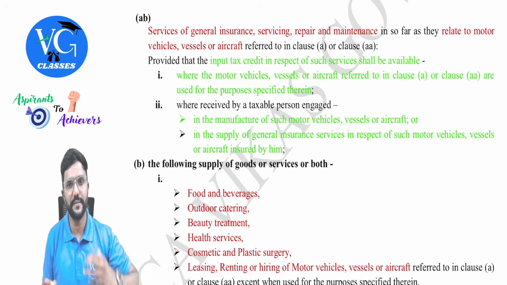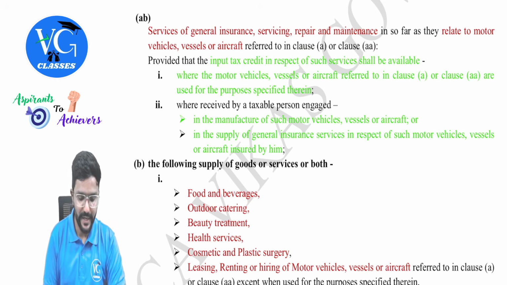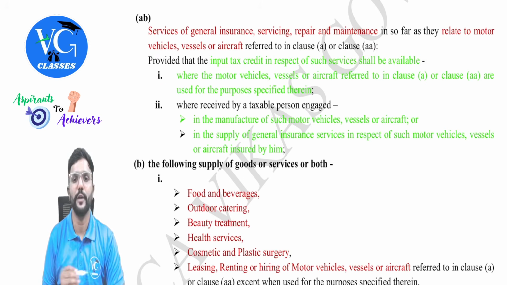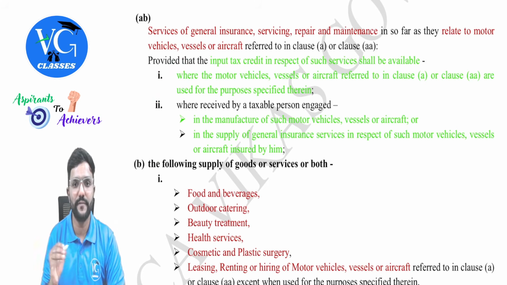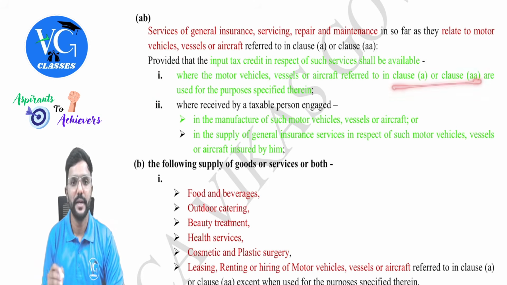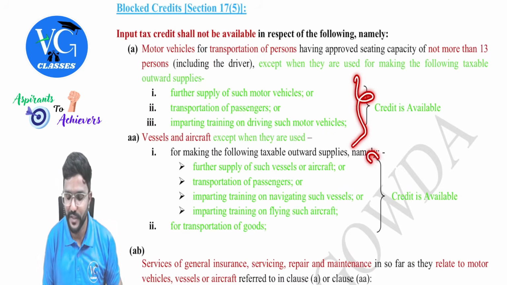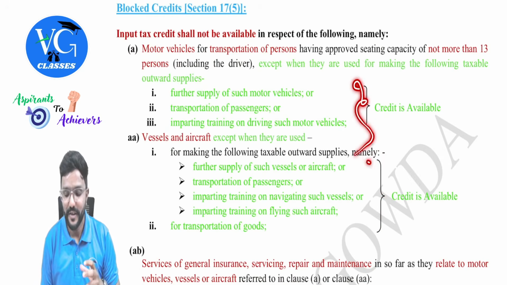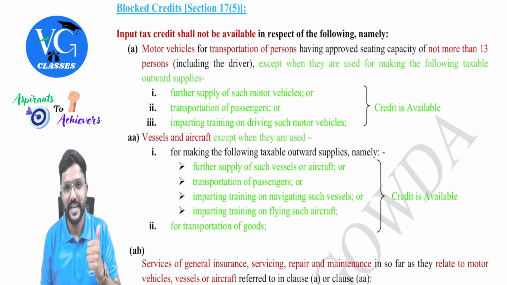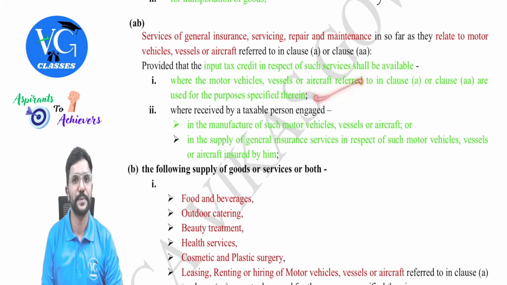Means we are taking services for whatever we have purchased above, that is motor vehicle, vessels or aircraft. But credit is available if it is used for the following purpose. What are those? Where the motor vehicle, vessel or aircraft referred to in clause A or AA are used for the purposes specified therein. The purposes specified therein means whichever I have highlighted in green color. So if it is covered here, on purchase credit is available. In such case, even for the services, credit is available, guys.